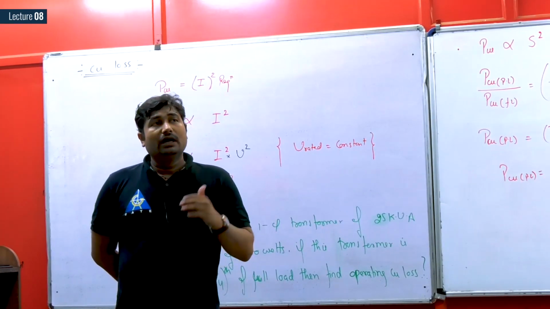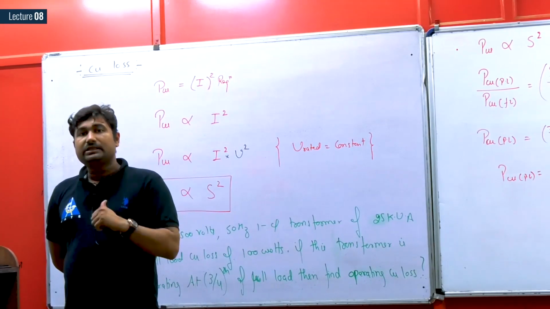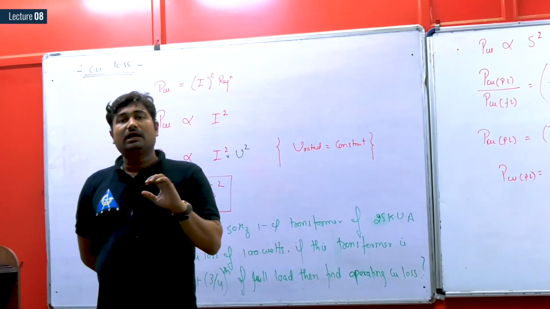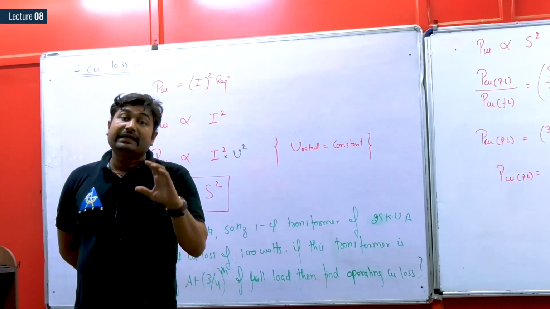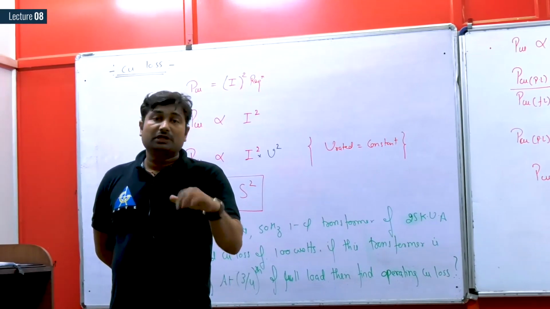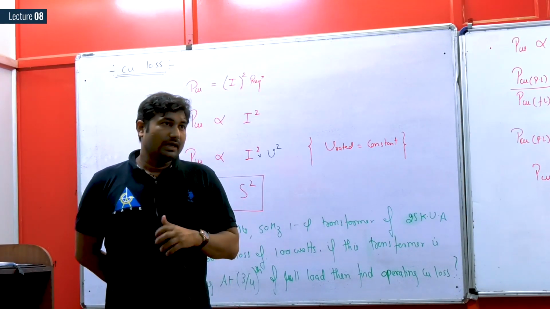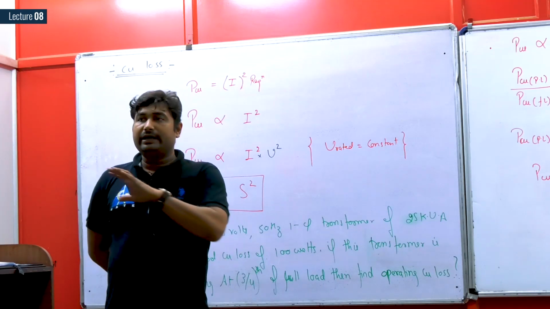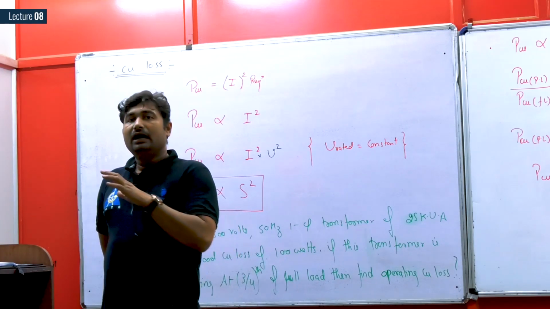So as a precaution, whenever it is needed to install a transformer, we will always install a transformer of rating double the total load requirement on the load side. Let us suppose 100 kVA users are there, and we have to supply 100 kVA.